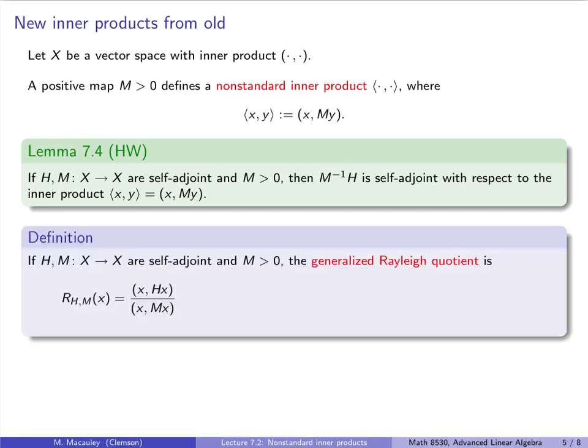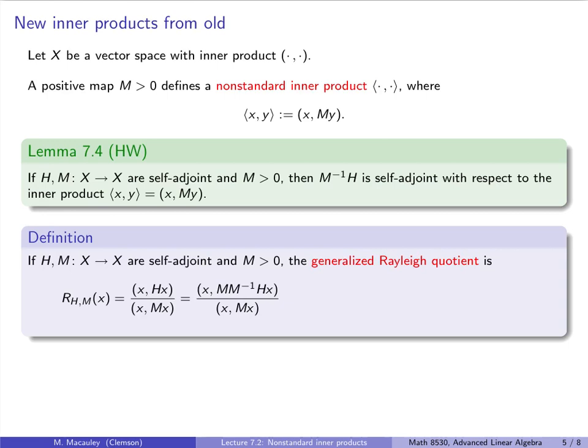Moving on, let's continue with self-adjoint maps H and M and a positive M. We can define the so-called generalized Rayleigh quotient to be R sub H comma M of X, the quotient of the inner product of X and HX with the inner product of X and MX. Now this may look a little bit out of left field, but let's work with it a little bit.